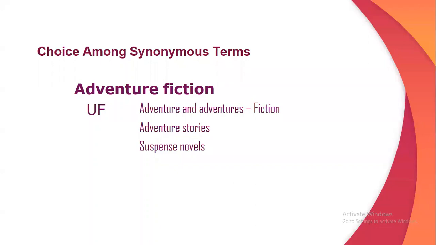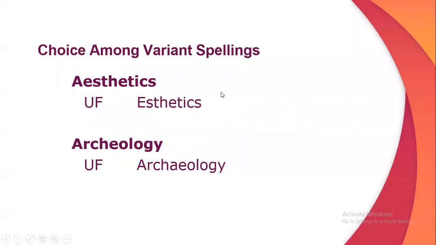So the choice among synonymous terms: adventure fiction used for adventure and adventurous fiction, or the adventurous stories, or the suspense novels. So instead of using adventure and adventurous fiction, adventure stories, and the suspense novels, you use adventure fiction.